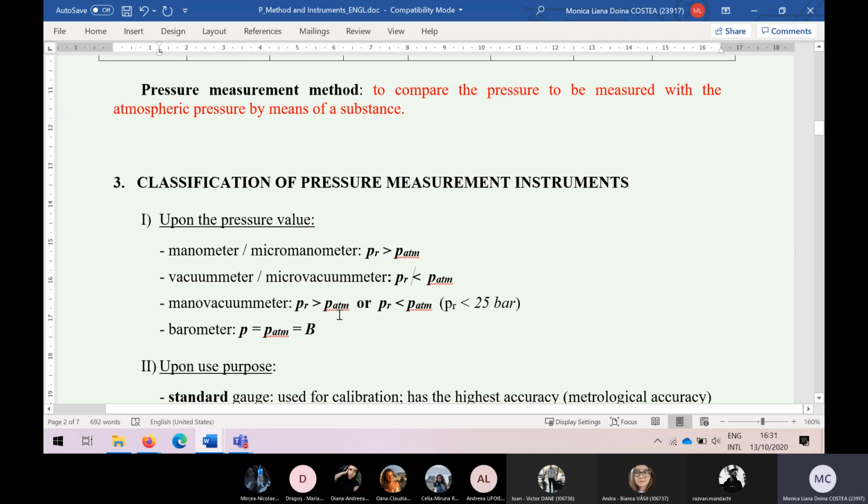So generally there are the instruments with elastic elements that can operate like this, but unfortunately the measurement domain is reduced, limited to 25 bar. And finally, the barometers, where they measure what we denote by B or P atmospheric.